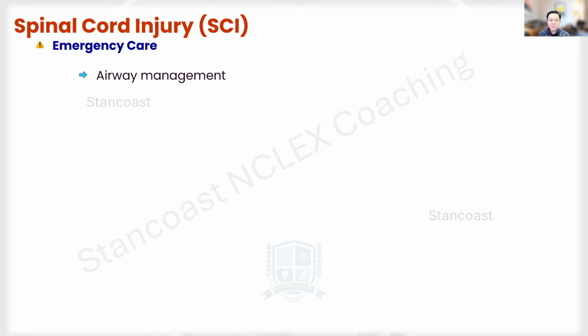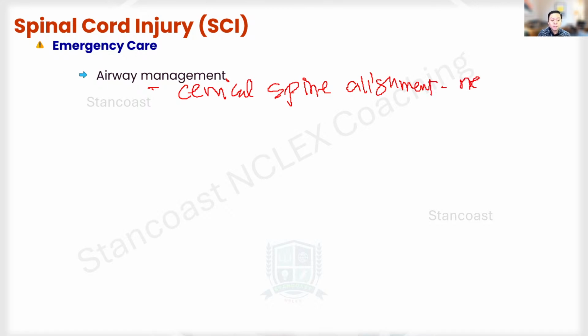We want to make sure that the patient's cervical spine is aligned and placed in a neutral position. This is one of the common questions or situations that you'll be asked about in this patient.